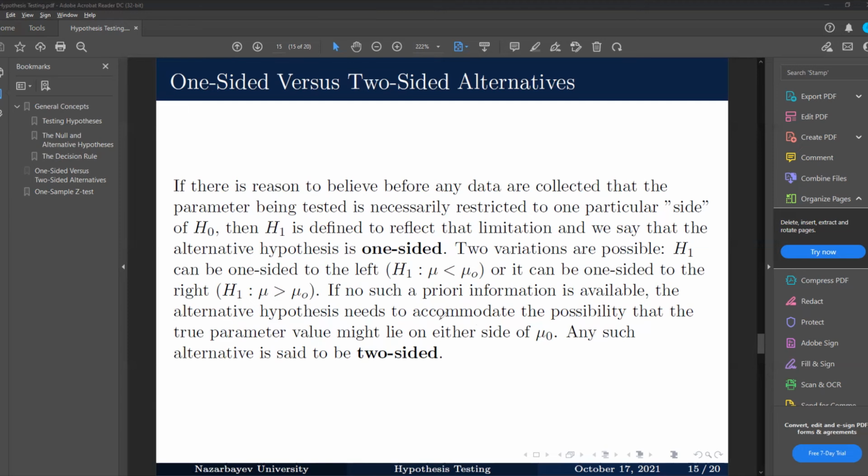So, for instance, if you are conducting a hypothesis test to see whether a new treatment is effective or not, then the results might be the following. Either the new treatment is effective and maybe it increases recovery rate, or it's not effective and maybe it even worsens the situation and reduces the recovery rate.